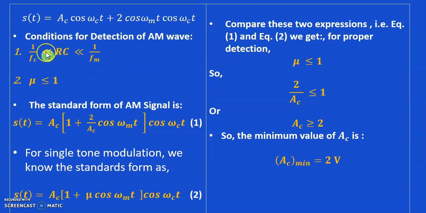The first is the optimal condition, that the time constant should be much greater than 1 over Fc and much less than 1 over Fm, where Fc is the carrier frequency and Fm is the message, modulating, or baseband signal. The second condition is that the modulation index should be less than or equal to 1. If mu, the modulation index, is greater than 1, then the envelope detector cannot detect the signal.